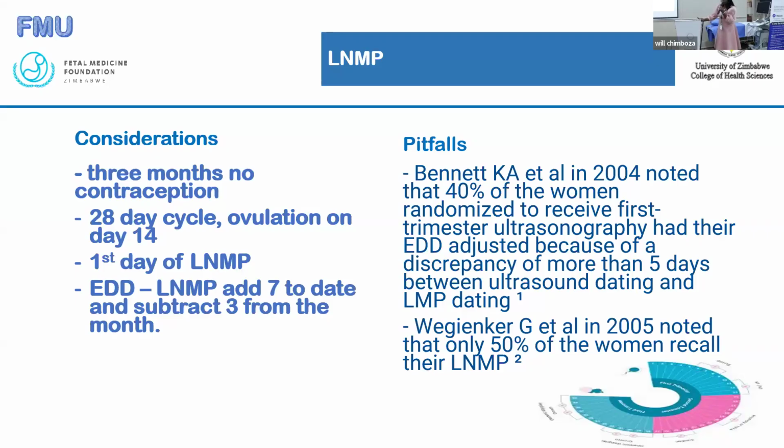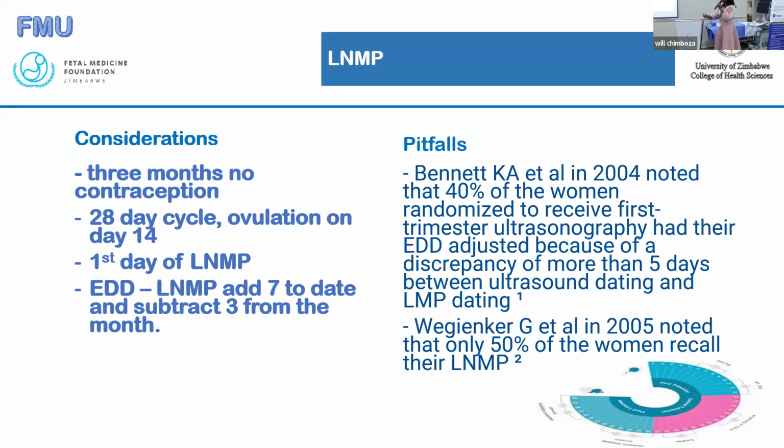Okay. So 1 in 2 women will give us a date. If we take 100 women who have given us a last normal menstrual period, 40% of those dates will be wrong. What am I saying?